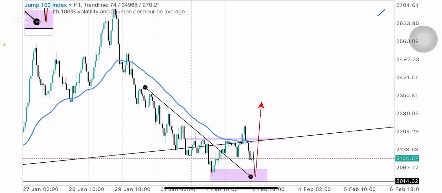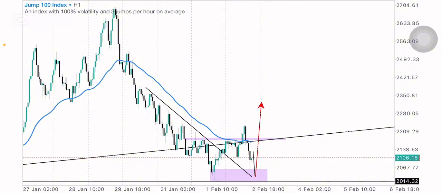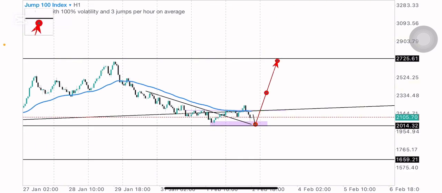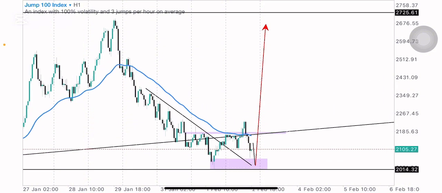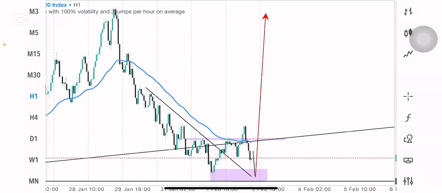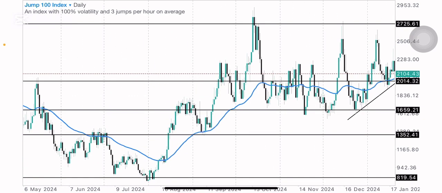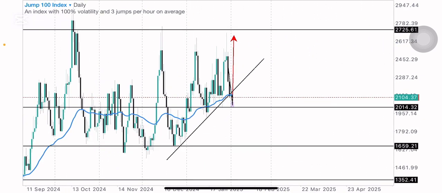Yeah, price has broken out of the trend line, broken the neckline as well. So we want to go long, and we're targeting all the way to this high, this key level. Wow, this is a massive buy, guys. A massive buy on Jump 100 index, if it goes our way.